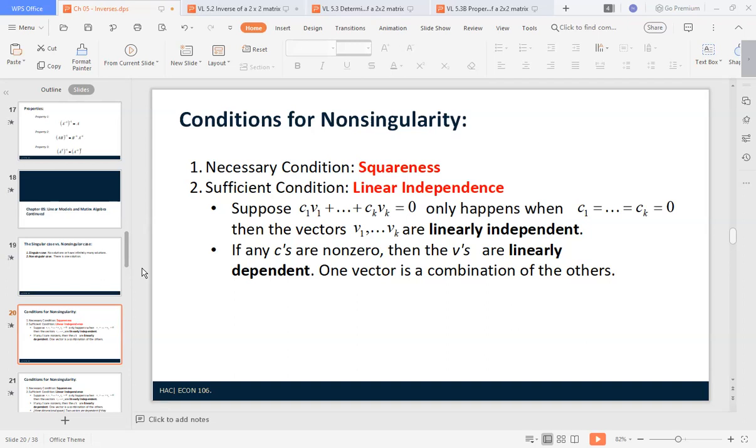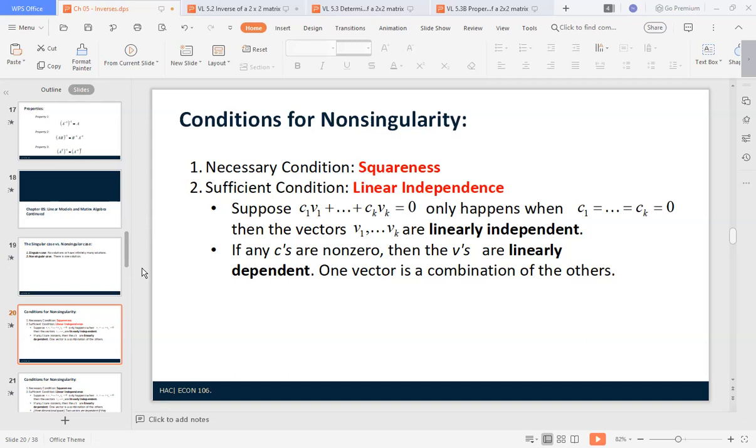Let's talk about linear independence. Linear independence means it precludes the inconsistency and the linear dependence among the equations as well. When you have equations that are linearly independent, it just means that you can get a solution.